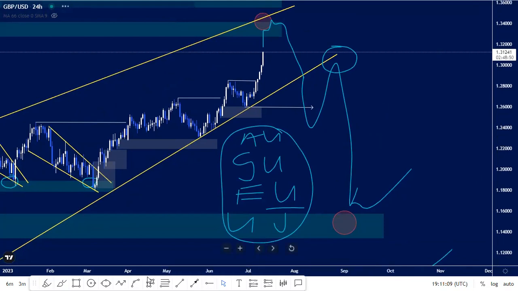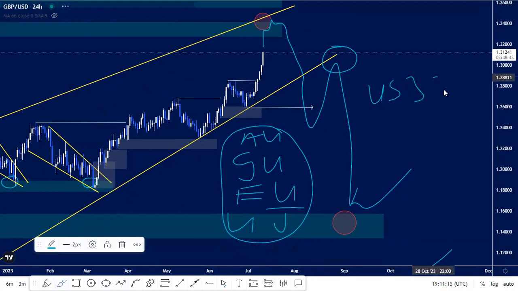If you also want to delve into indices, you can go to US 30, NASDAQ, or German 30. These are three, right? Choose one and focus on one. There's no need for you to trade everything.